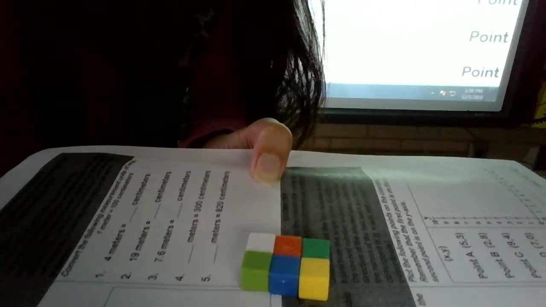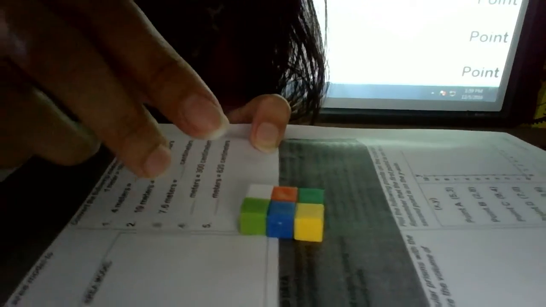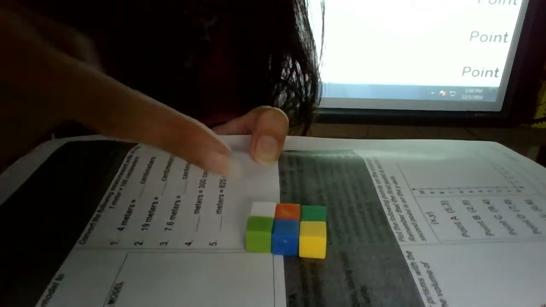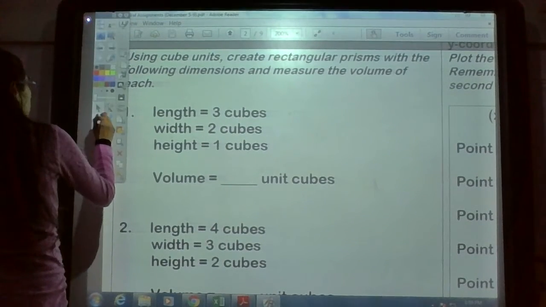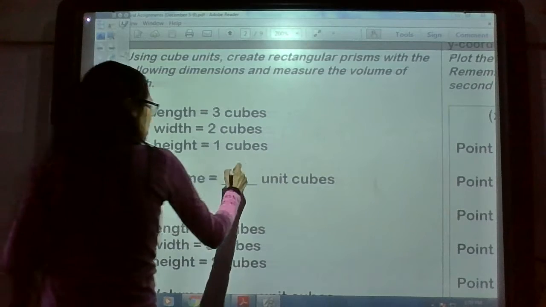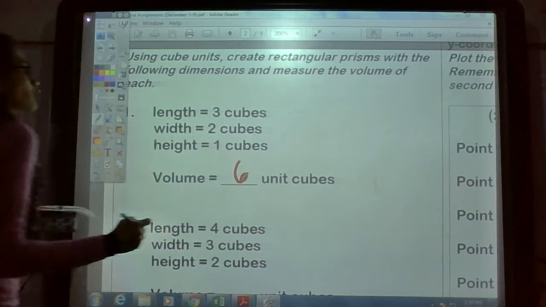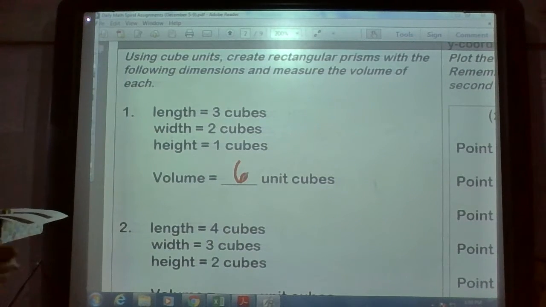How many cubes did we use? Count it. 1, 2, 3, 4, 5, 6. Or you can count by 3s. Look, 3, 6. Or you can count by 2s. 2, 4, 6. Or count them one by one, just like how we did. So, bam. The volume of this first shape that we did is 6 unit cubes. Okay? Maybe I need to scoot that up.